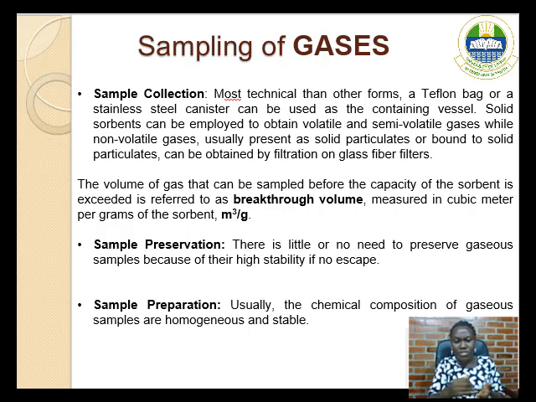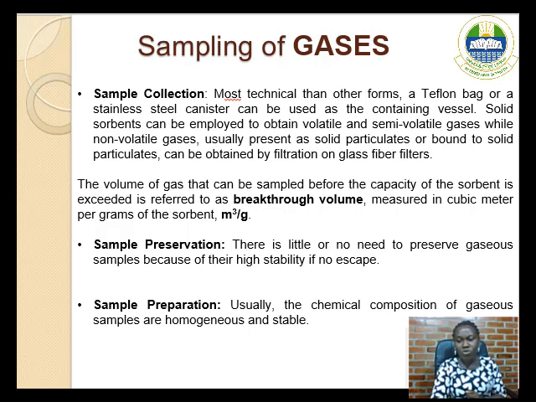Then cooling obtained in a stainless steel canister changes the gaseous sample to liquid, so we can convert from gas to liquid for easier collection. Solid solvents can also be employed to obtain volatile and semi-volatile gases, while non-volatile gases are usually present as solid particulates, so there is no cause for alarm for that. All this can be obtained by filtration or glass fiber filters.